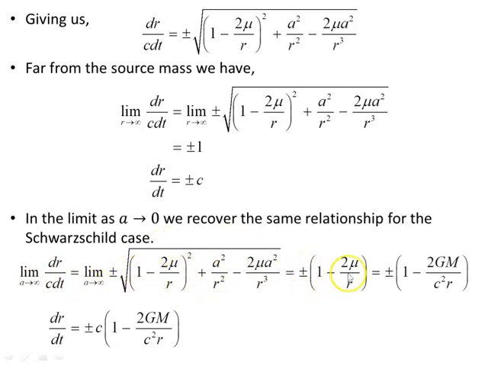We get the square root of this, which is plus or minus this bit here. dr/dt is plus or minus c times r on 1 minus 2GM on c squared r, which was the shape of the local light cone around the Schwarzschild black hole. And that too, in the limit as r goes to infinity, gives us plus or minus c, as you can see in all the videos in the Schwarzschild playlist on this channel.